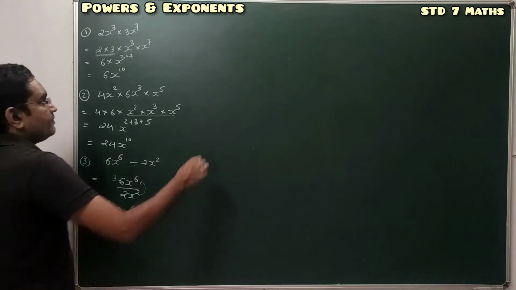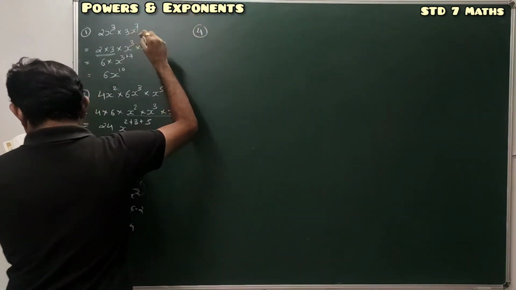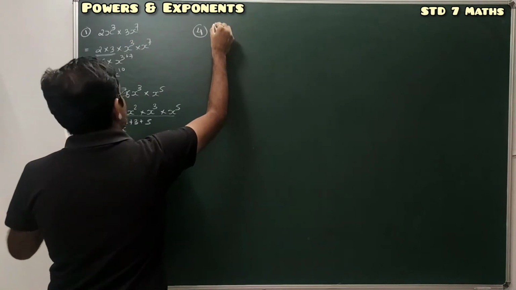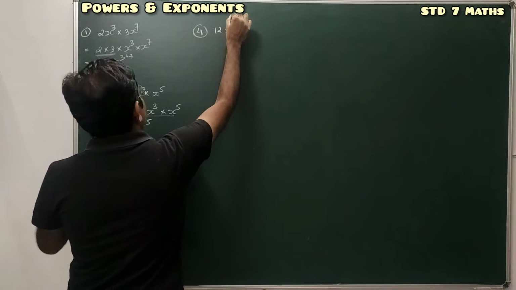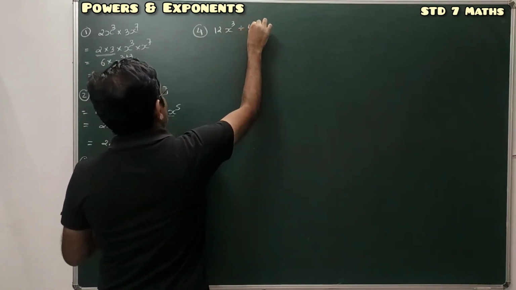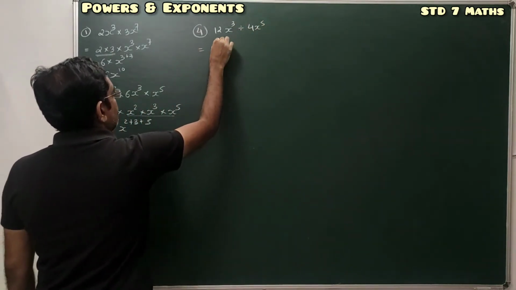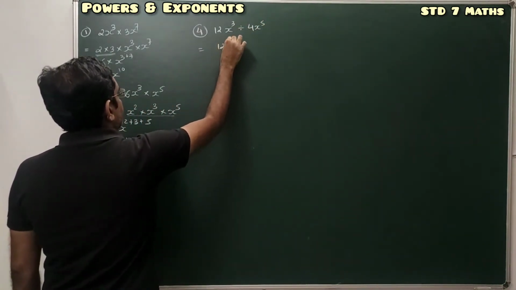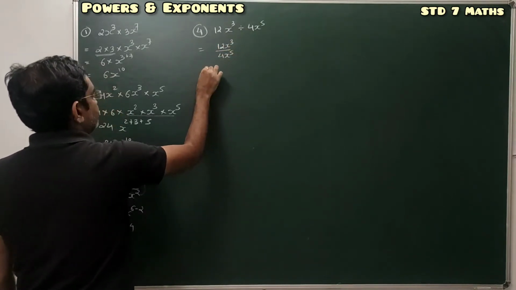Done? Next one is question number 4, which is 12x raised to 3 divided by 4x raised to 5. Again division, so it's 12x cube divided by 4x raised to 5.